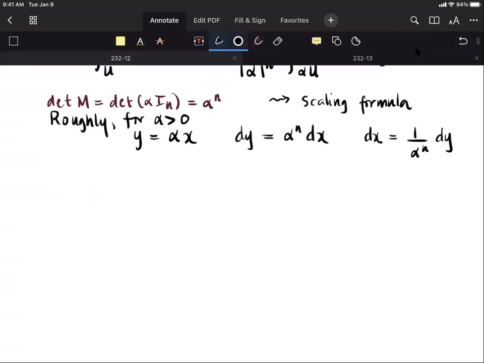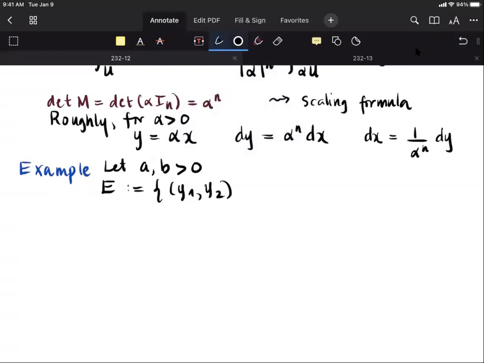So as an example, let us consider the ellipse in R2, denoted by E. I have here two parameters A and B, and this ellipse is the set of ordered pairs y1 and y2 in R2 such that y1 squared over a squared plus y2 squared over b squared is less than 1.